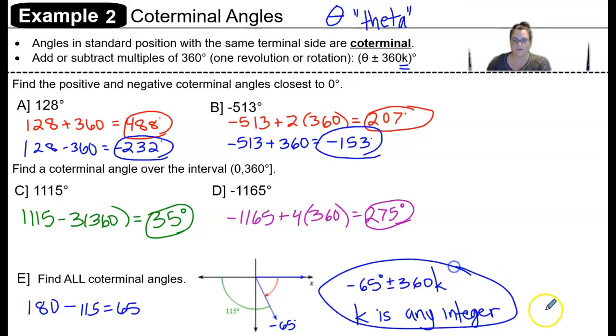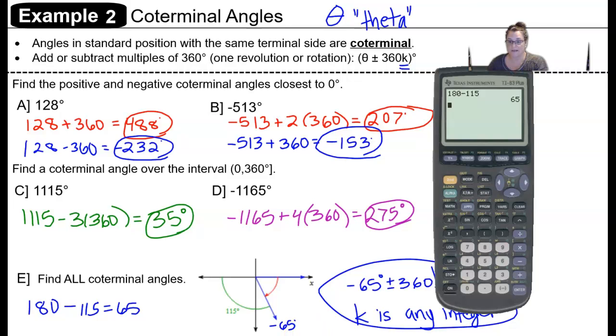Some textbooks prefer theta not be a negative angle when you're using it in expressions. So if you're looking up answers in a book, they're going to take that negative 65 and add 360 to get a positive coterminal angle to start with.